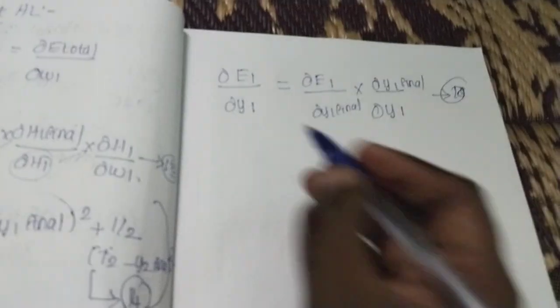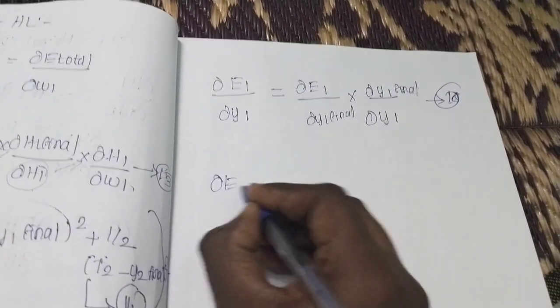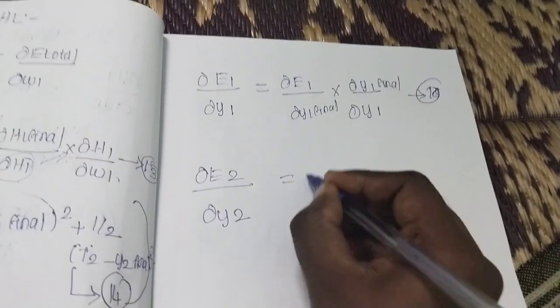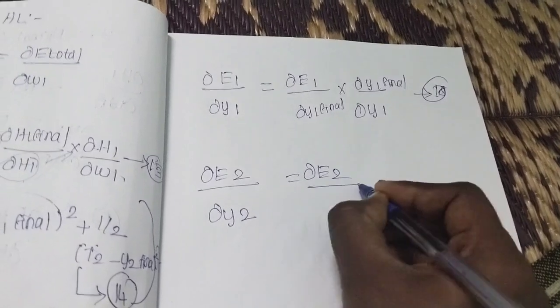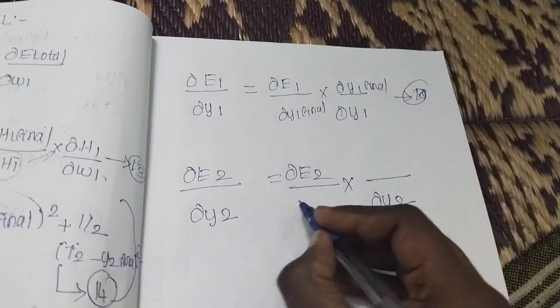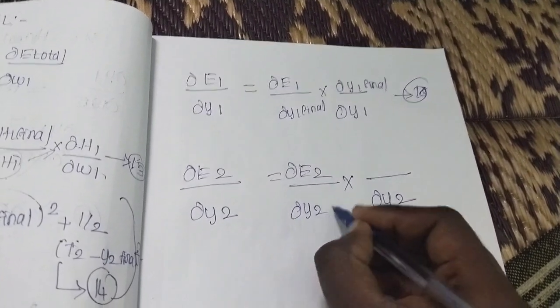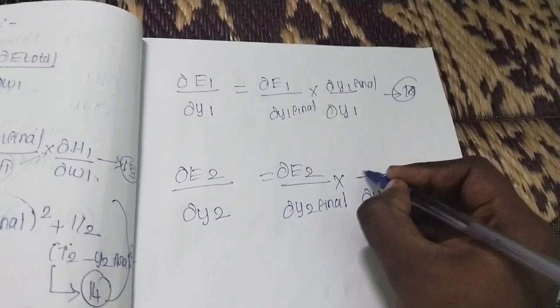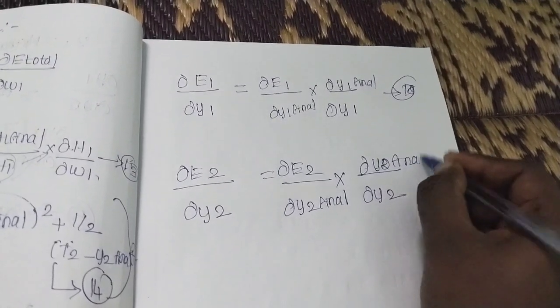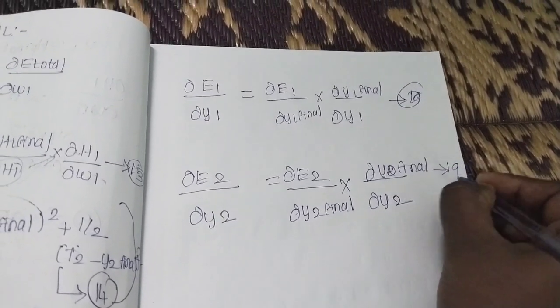This is equation number 18. You do the same for ∂E2 divided by ∂Y2: add the term ∂Y2 final in the numerator and the denominator. This is equation number 19.